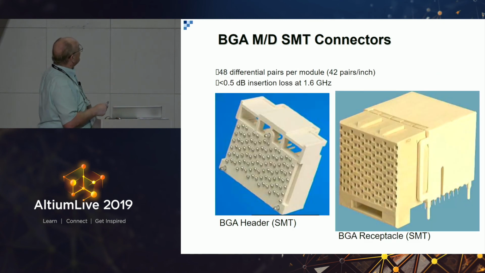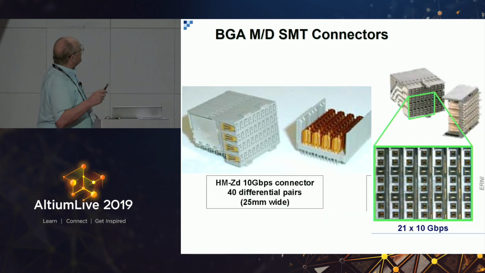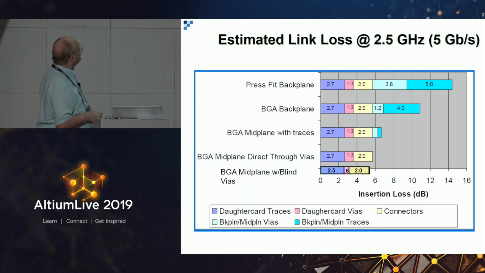Which is why now we have all of these surface mount type of headers that are designed not to use through holes, but to use surface mount connections. Things like that, there are 21 gigabit, 10 gigabit per second surface mount connectors.